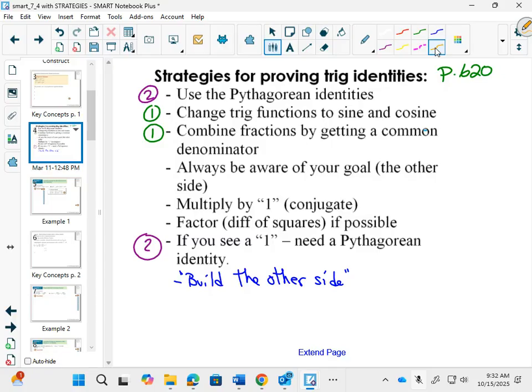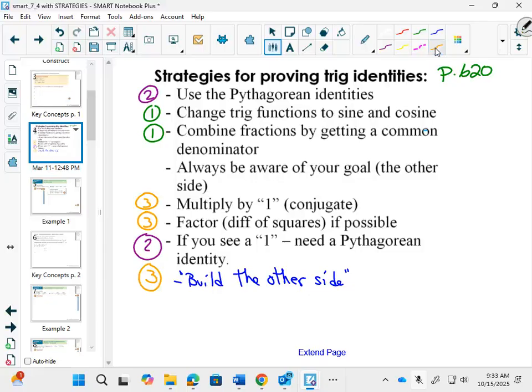And the third strategy either involves factoring or a technique that we're going to learn tomorrow called build the other side, which has another name, which is multiply by the conjugate. But multiplying by the conjugate, since most of you don't know what the word conjugate means in math, is not a good name for a strategy because you forget it because you don't know what one of the words means. So I call it build the other side. We're going to see that tomorrow.